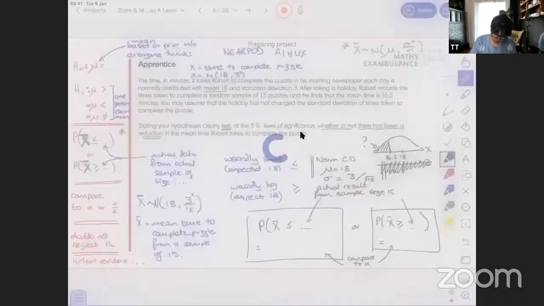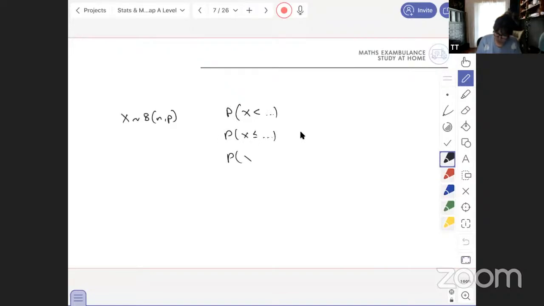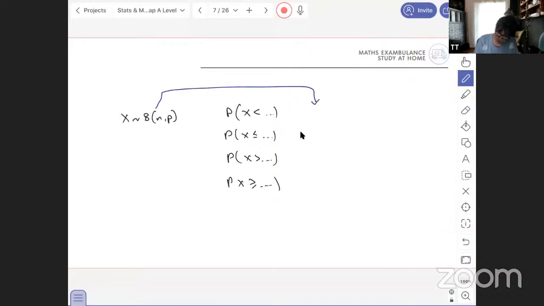The situation where we would do that is where we've got a binomial distribution and we want the probability that X is less than something, or less than or equal to something, or bigger than something, or greater than or equal to something. And then we want to change that into a normal distribution. So we change the distribution to normal, with mean np and variance np(1 minus p).